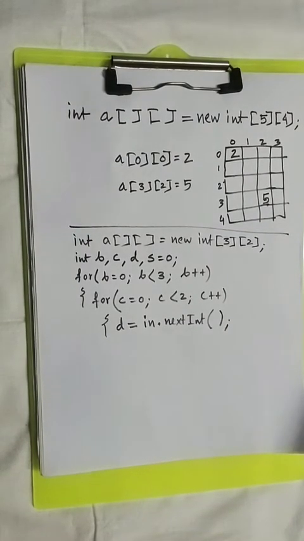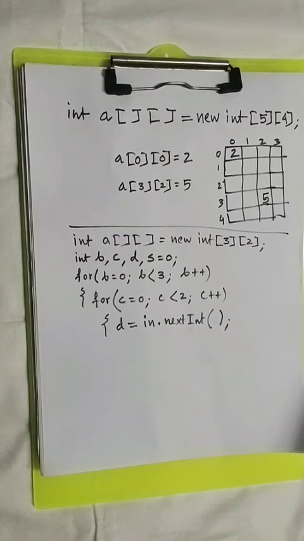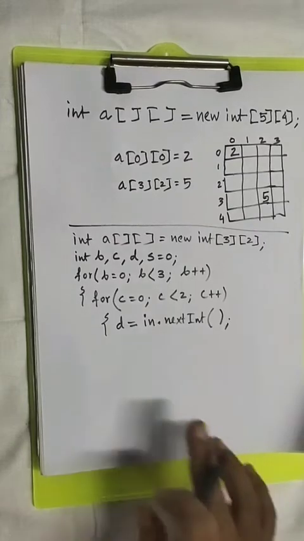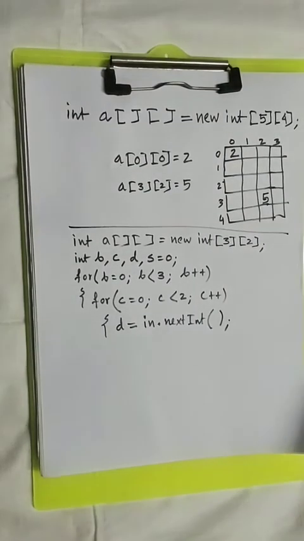Prior to what I have written, we have to write import java.util.scanner, then public class, any name for this program, then public static void main, then scanner in equal to new scanner system.in. Those you are already aware of, so I am not writing those. Straightway I have written that input statement. You understand, in is the object which I have created of the scanner class. So in dot next int, this will input one integer in d.